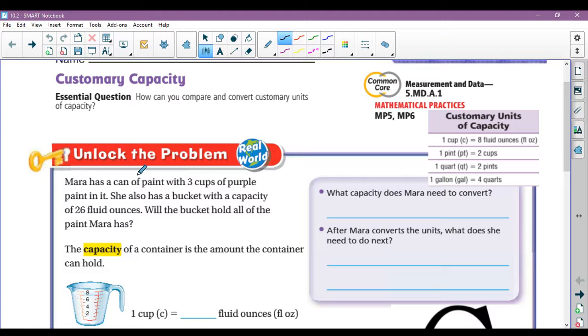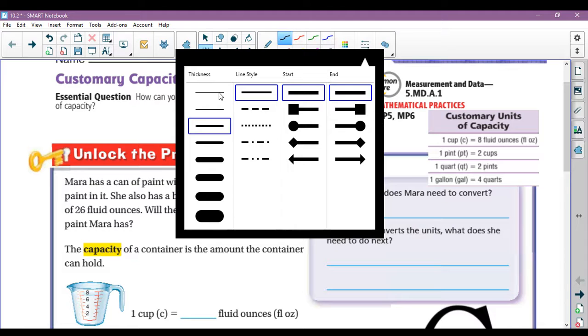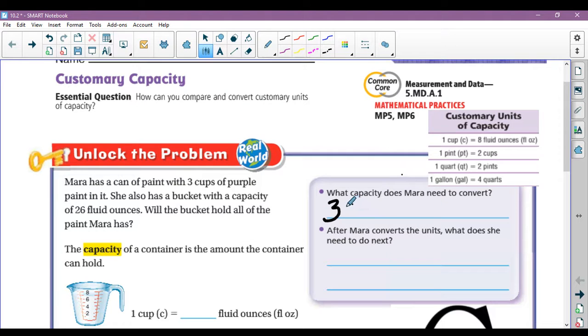So what are we looking at here? They want to know, will the bucket hold all the paint? What capacity does Mara need to convert? She has cups, and the capacity of the bucket is in fluid ounces. So we need to convert the 3 cups to fluid ounces.